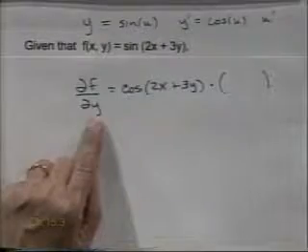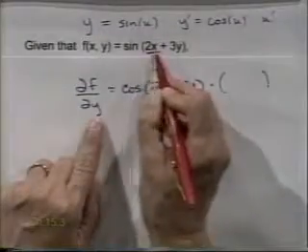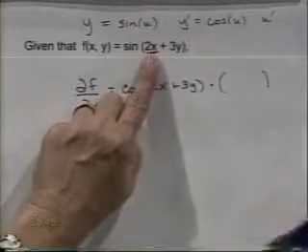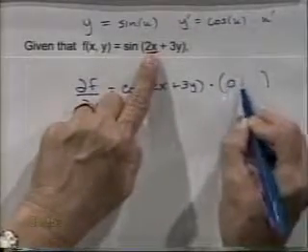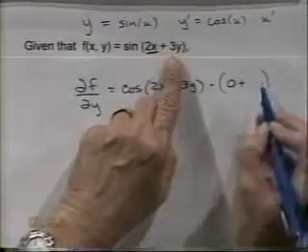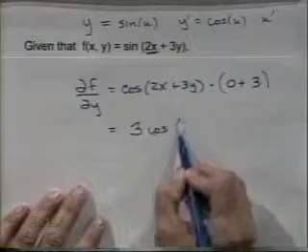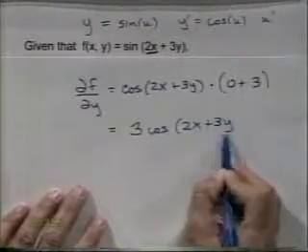Since we're differentiating with respect to y, x is a constant. So the derivative of 2x is going to give us a big goose egg. And what's the derivative of 3y? 3. So we can rewrite this as just 3 times the cosine of 2x plus 3y.